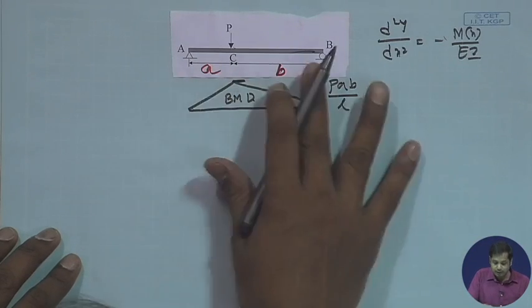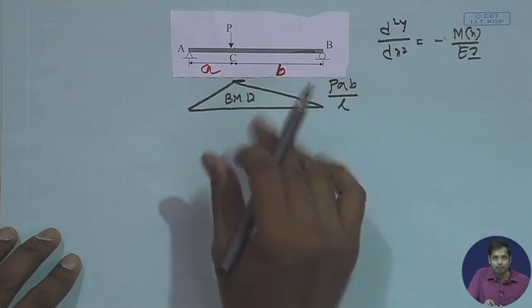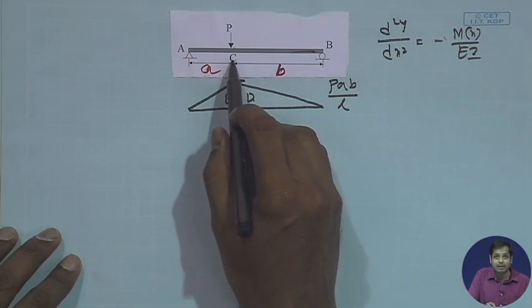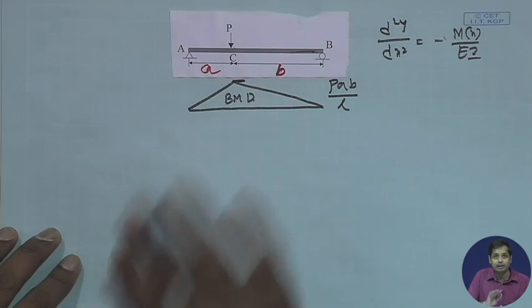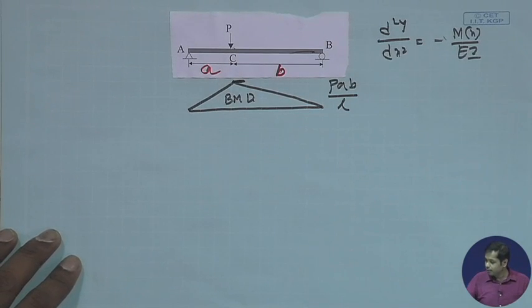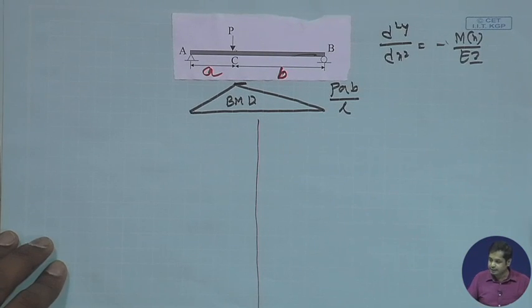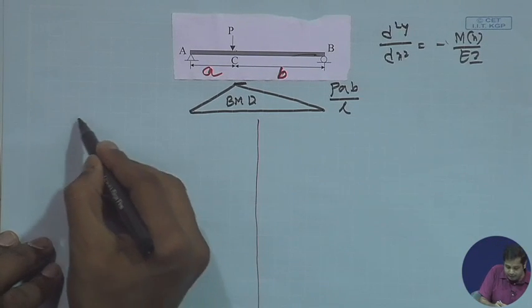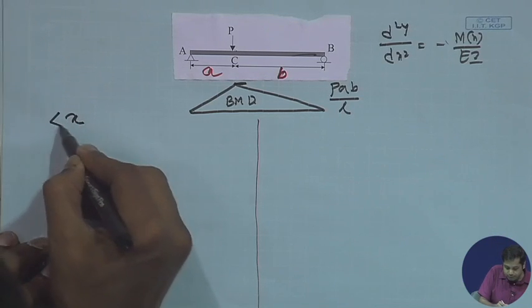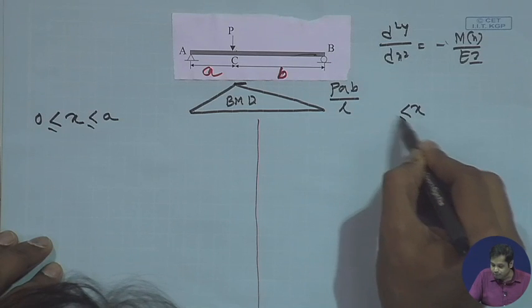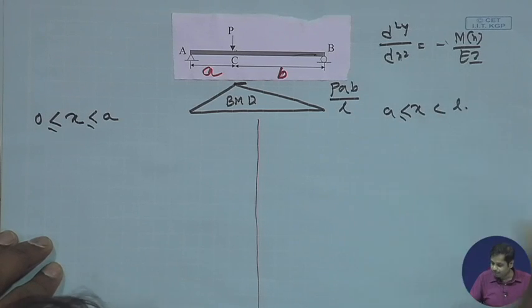So, we need to divide the problem into two sub-problems, one for this and another for this, with the condition at point C of sufficient continuity. So, let us do that. Take in the first case x between 0 to a, and then x between a to L.